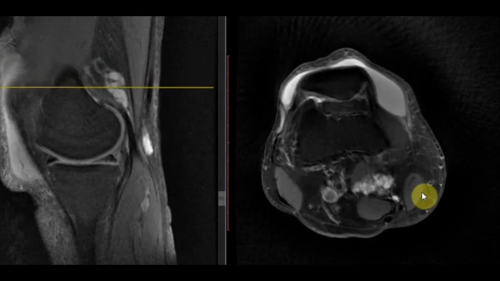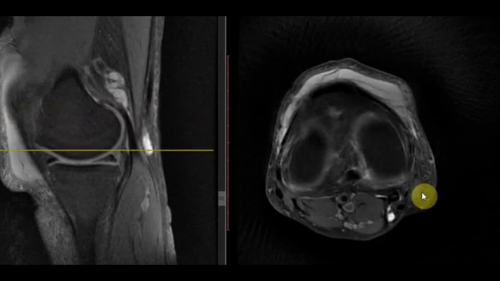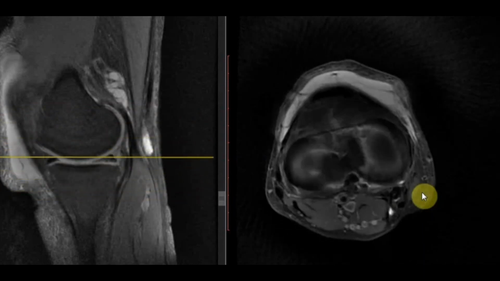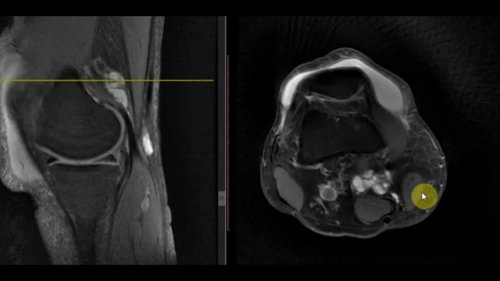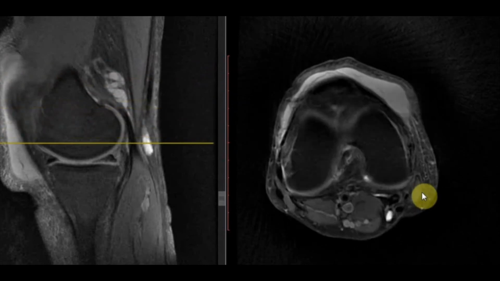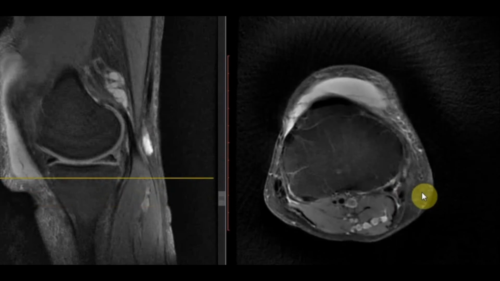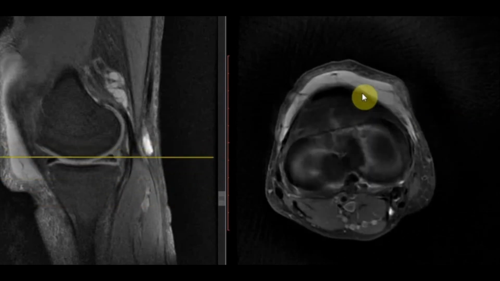So this can be a complex ganglion cyst, as we cannot see a very gross distension of the bursa here, or it can be bursal extension in the cranial aspect. But the main cause for the patient's symptom is the prepatellar and superficial infrapatellar bursitis.